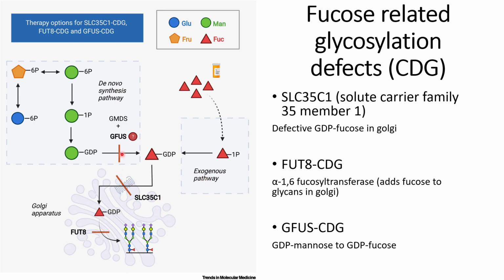And in the third case, this biological block can be overcome through oral fucose, so that in all three cases, one therapeutic idea could be possible to resolve, or we can say suppress, the problems that arise because of the fucosylation-related defects in all three cases.